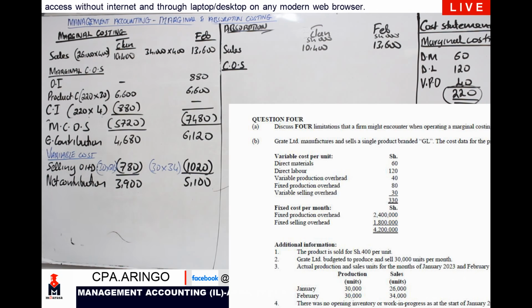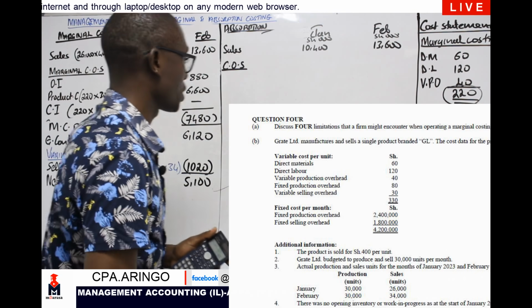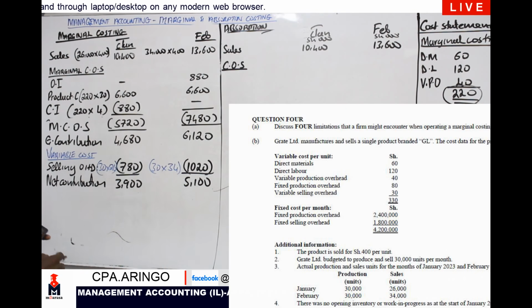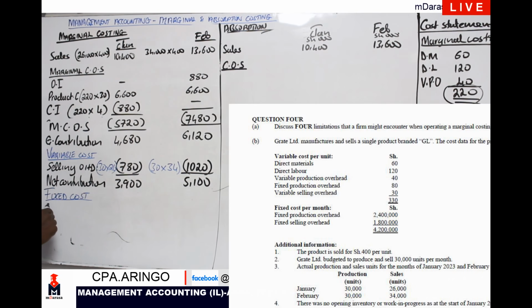Did you have any other item, my good students? Yes, we had fixed costs. So we less our fixed costs. What did we have as our fixed costs? I'm having fixed production overheads.